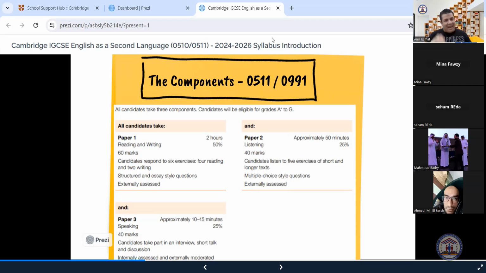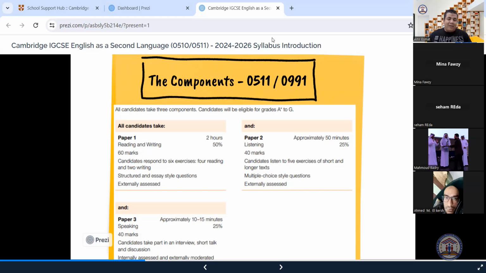Paper 2, listening, 5 exercises, 50 minutes, 40 marks. But here it will contribute to the overall grade with 25% only. Why? Because speaking will take part now.